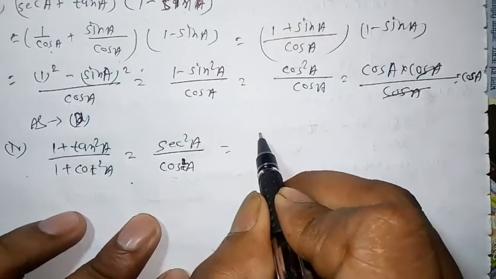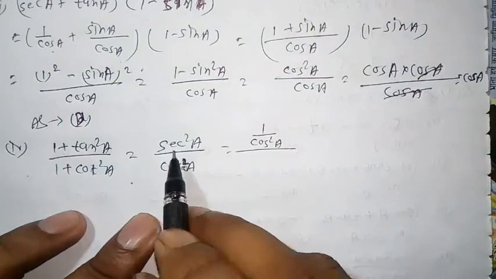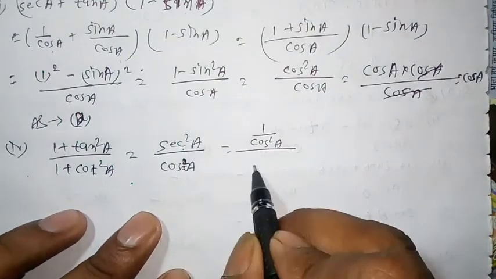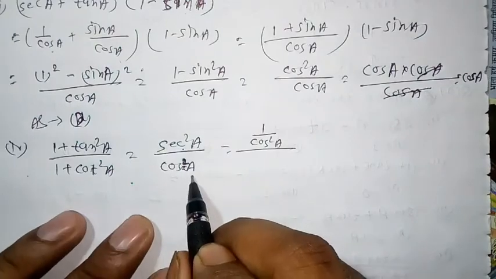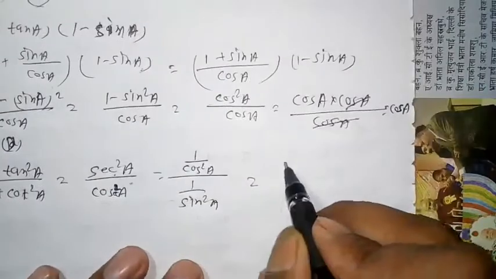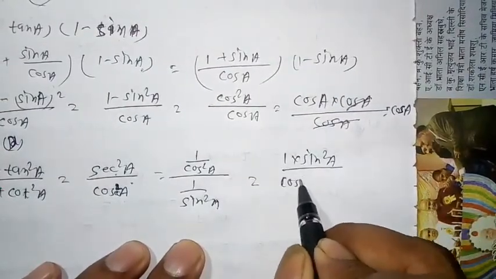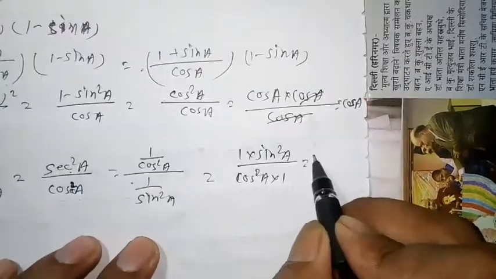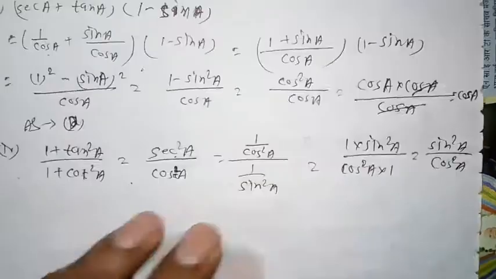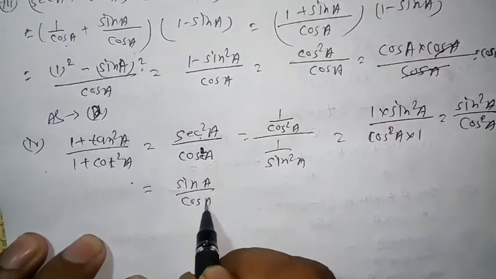So we get sec square A by cosec square A. Sec theta is equal to 1 by cos theta, so sec square A is equal to 1 by cos square A. Similarly, cosec square A is equal to 1 by sin square A. So it becomes sin square A by cos square A, which is (sin A by cos A) the whole square.